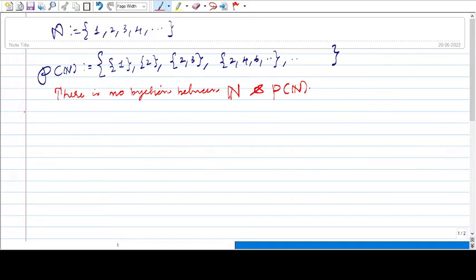For this we will use a basic lemma provided by George Cantor. That is a very interesting one.